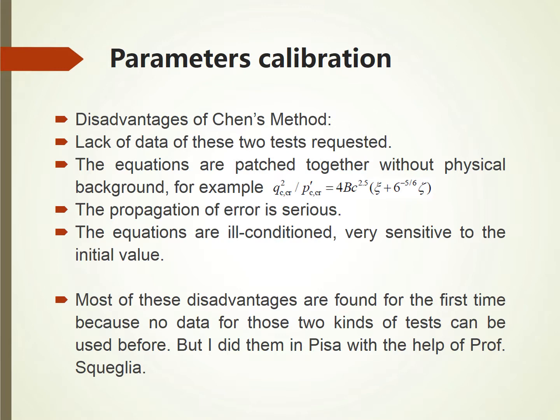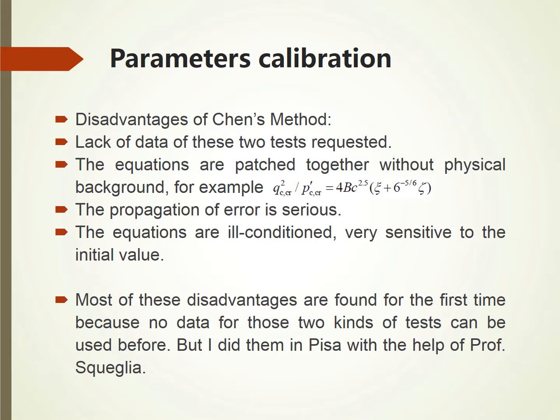And the propagation of error is serious. In the former page of the PPT, you see first he gets B and C, and he used B and C to calculate C and zeta. Then he used B, C, C, and zeta to calculate M1 to M4. So the error is propagated at each step.